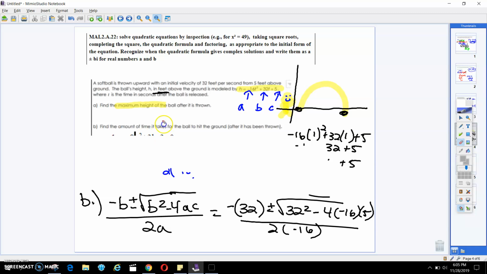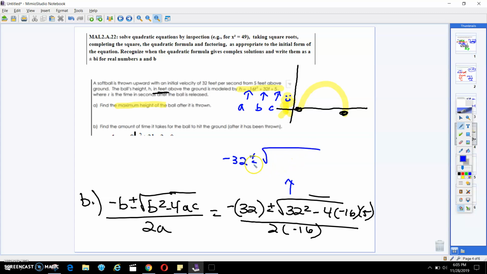All right, cool. Okay, so now what you're going to do is you're going to simplify this. I always simplify it before I plug it in because I know I make errors in my calculator sometimes. So I would suggest you do the same. So this is going to be negative 32 on the outside, plus or minus 32 squared is going to give me 32 times 32. It's going to give me 1,024.